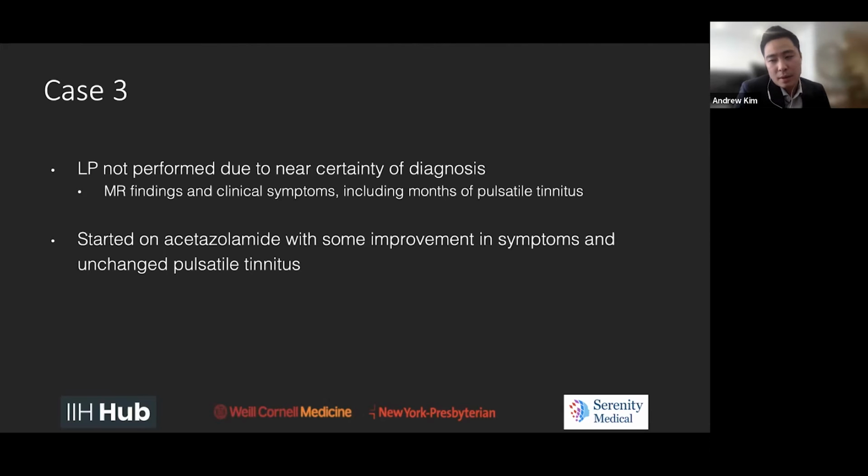Most of the time you will get an LP, but I think rarely in certain situations, it could be fine to not do it. Based on this specific patient's MR findings and clinical symptoms, including months of pulsatile tinnitus, the patient was just started on acetazolamide, which did lead to some improvements in symptoms, but it didn't resolve it completely, and the pulsatile tinnitus itself was unchanged.